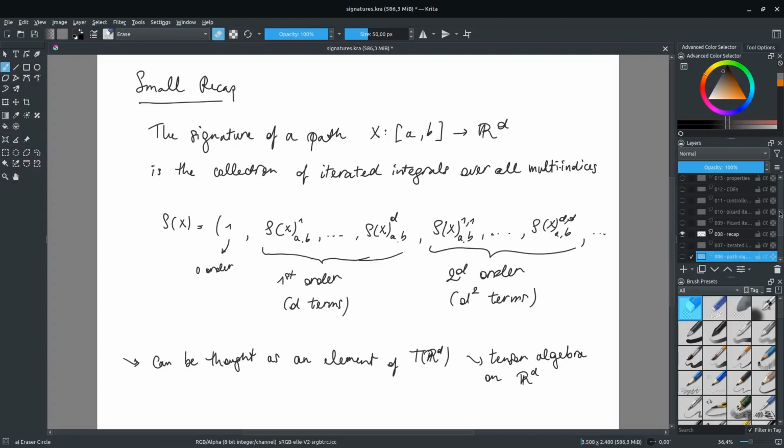So we can also think of the signature here as just an element of the tensor algebra on R^d, which is a huge vector space where you have scalars, vectors, matrices, order 3 tensors, order 4, and so on. So all the orders. If you want to give a space for this to live in, that would be the one you should choose.